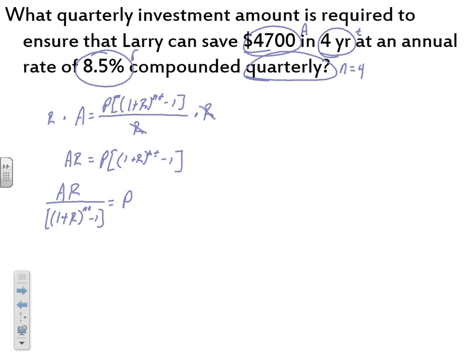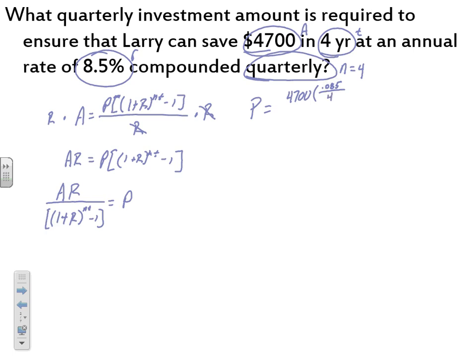So here we'll say P is equal to, now we'll go ahead and start substituting our numbers in. The 4,700, that's the accumulated amount that he wants to have after 4 years. The r in this case is a ratio of the interest rate, 0.085 as a decimal, divided by n, the number of times it's compounded, or how many payments he's making over the course of the year in this case.